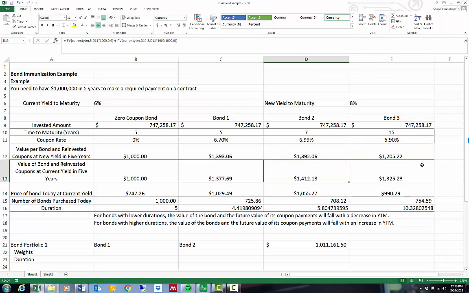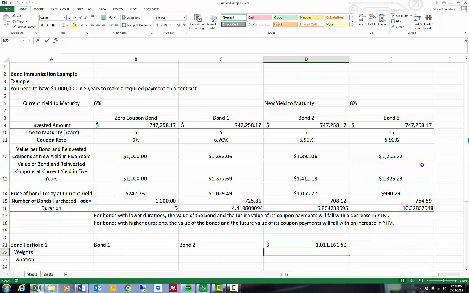For bond 2, the value of each bond we purchased would have fallen from $1,412.18 to $1,392.06, and the value of our bond 3 would have fallen from $1,325.23 to $1,205.22. So what we would have had at the end of 5 years for bond 2 would have been, we would have purchased 708.12 bonds, and we would have ended up with $753.30.